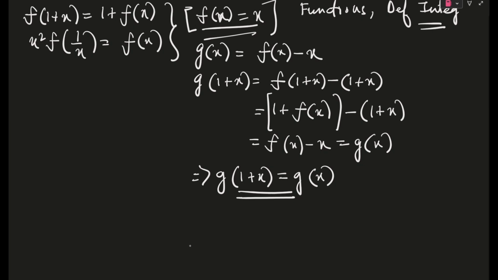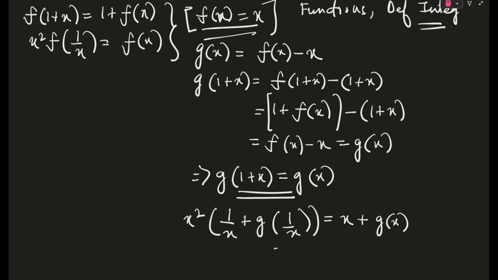And the second thing is, if we put it in this next equation, x square times 1 by x plus g of 1 by x is equal to x plus g of x, which implies that g of x is equal to x square times g of 1 by x.